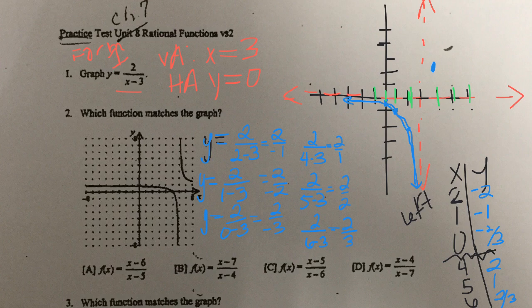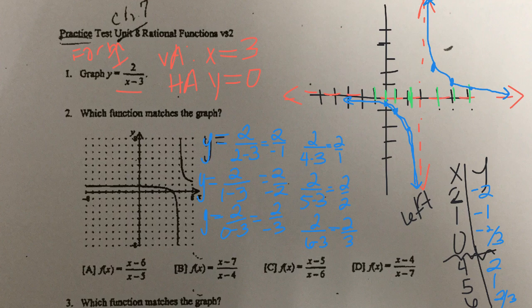And remember, when we're graphing these points, we're graphing them onto the coordinate plane. The asymptotes don't change how we plot our points. 5, 1, and 6, 2/3. And we draw our branches really close to the asymptotes, but not touching it. And there is our graph for y equals 2 over x minus 3.